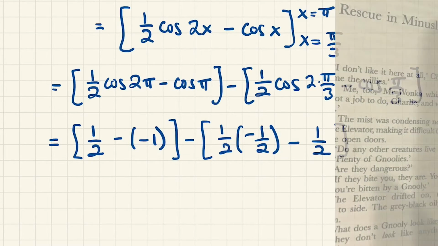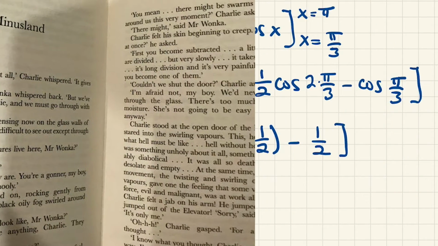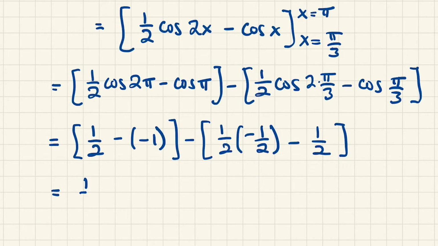Oh, great, we still ended up with a huge mess of negatives. We have 1/2 plus 1, minus, plus 1/4 plus 1/2. So this would be 2 plus 1/4, so that's 9/4.